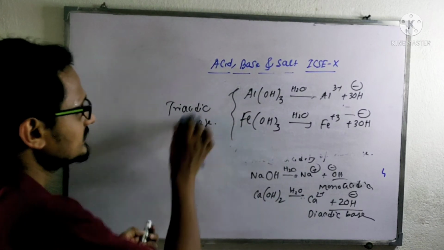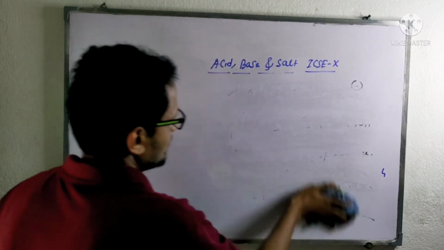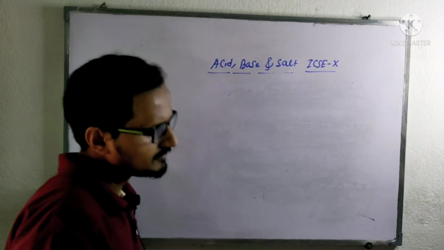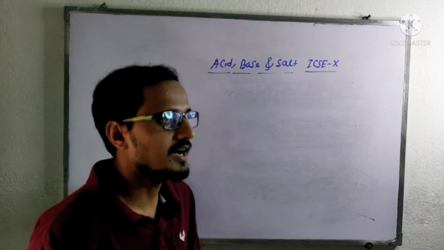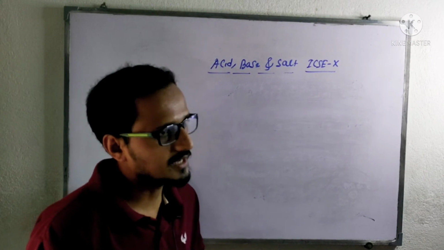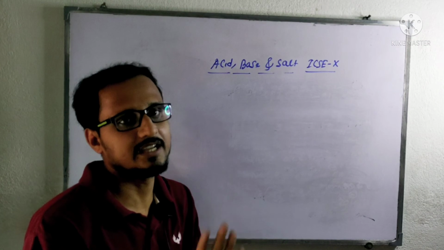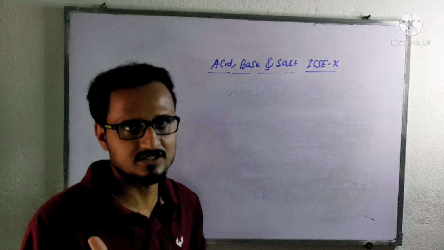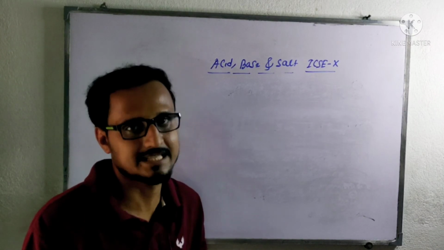Now I will tell you the properties of acids. What are the properties of an acid? An acid will have a sour taste, and it can change the color of an indicator. We all know that indicators are those substances which tell us which one is acid and which one is base.